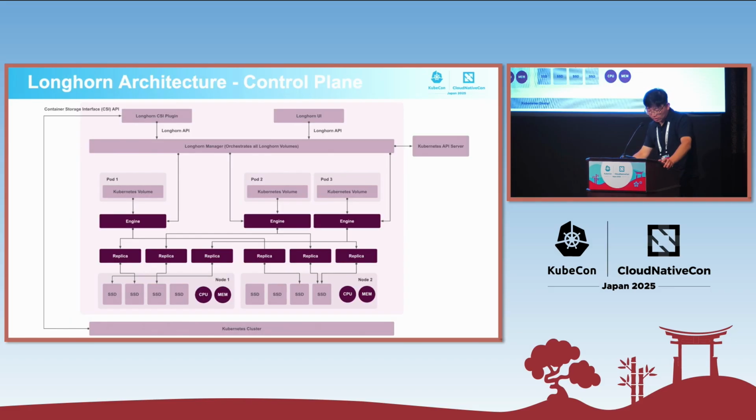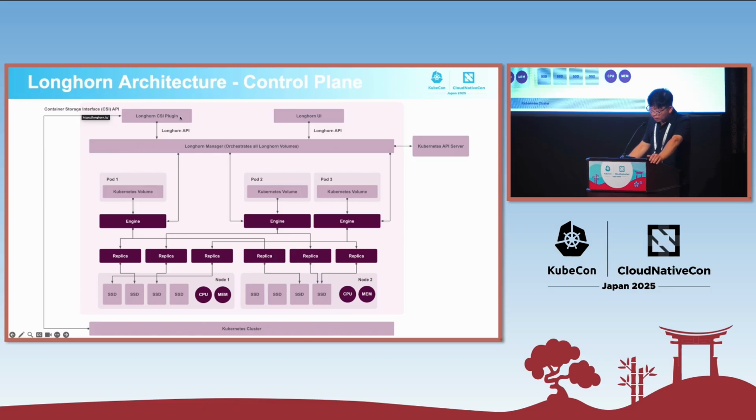Then we can take a look at the Longhorn architecture. Longhorn is based on the Kubernetes design. So there are two interfaces to interact with Longhorn. The first one is the CSI, and the other one is the Longhorn UI.